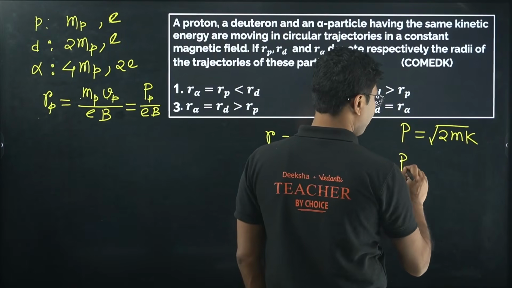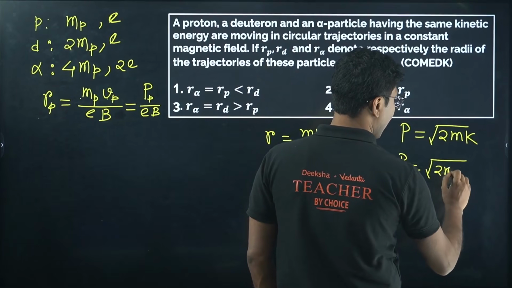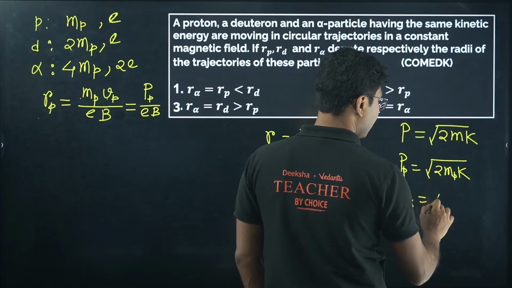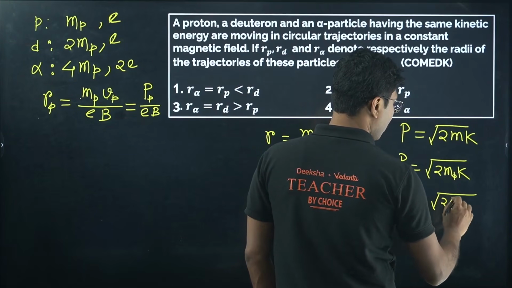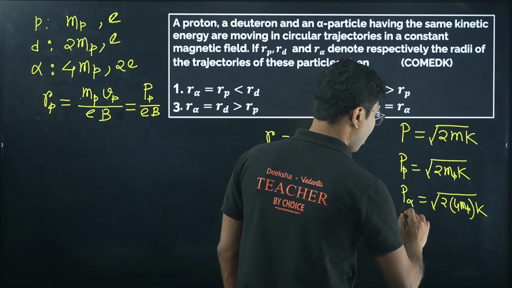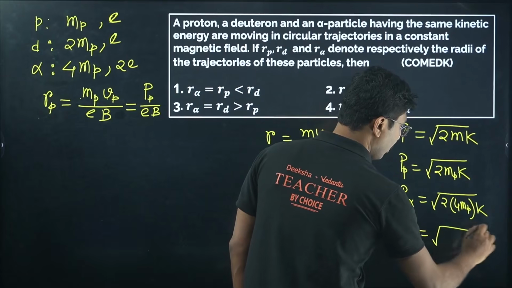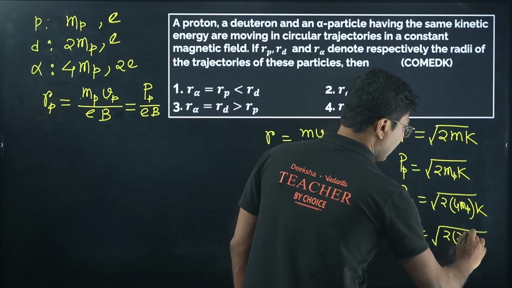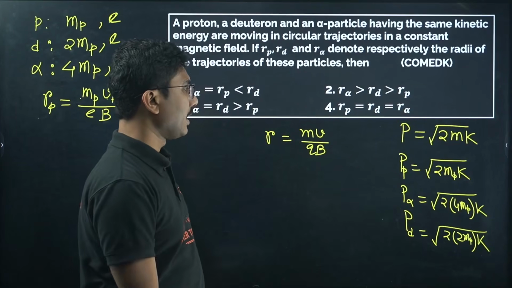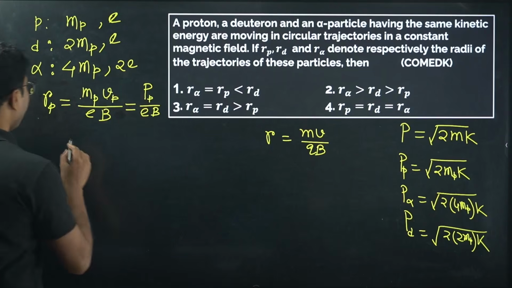So momentum of proton is square root of 2 mp into K. K is the same, right? Momentum of alpha particle is square root of 2 into 4 mp into K, and momentum of deuteron is square root of 2 into 2 mp into K. These are the masses for individual particles, and kinetic energy is the same.